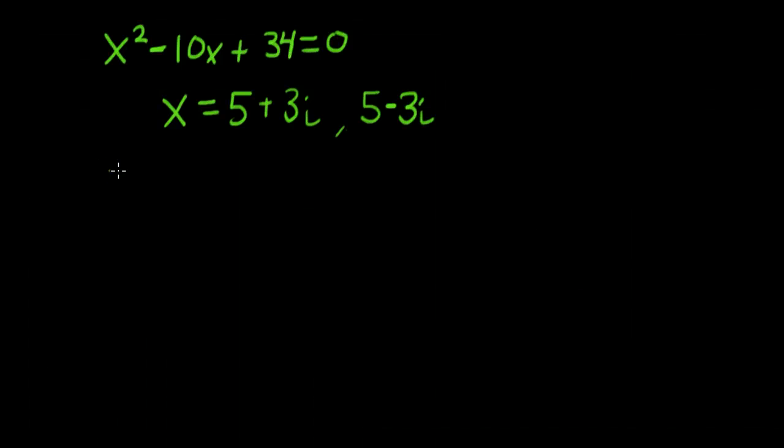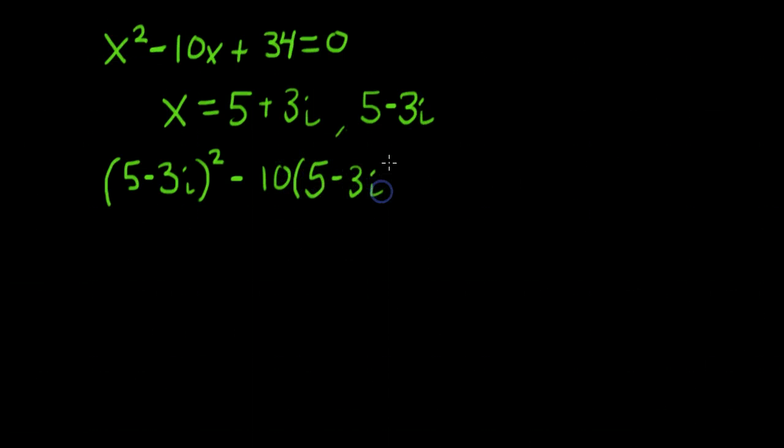So substituting that in for x, we get 5 minus 3i, squared, minus 10 times 5 minus 3i, plus 34.